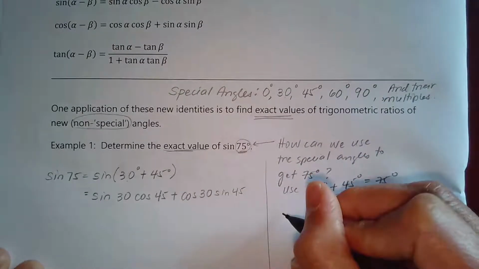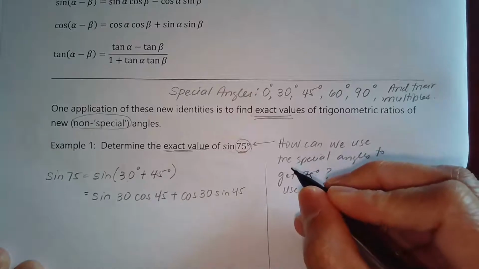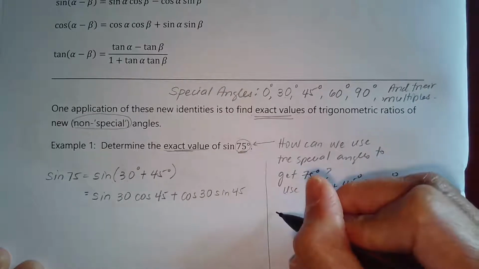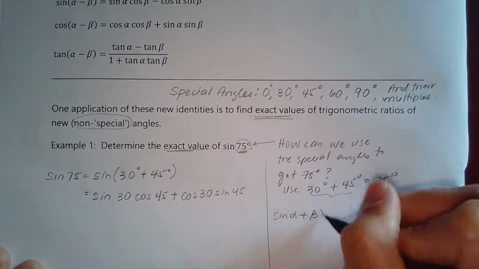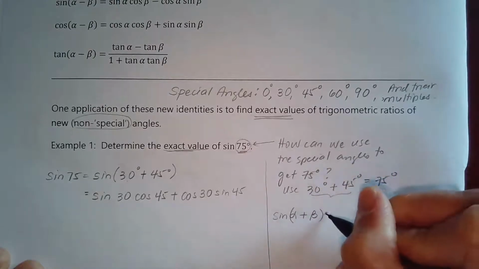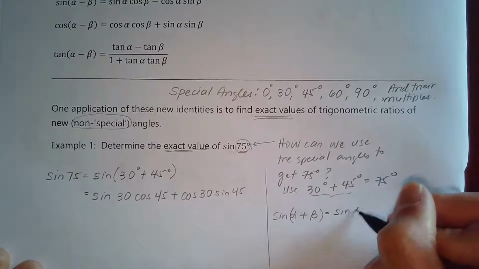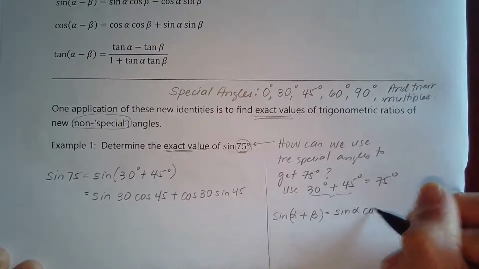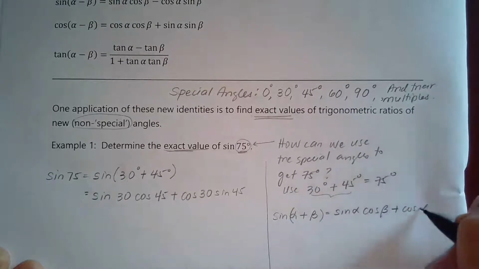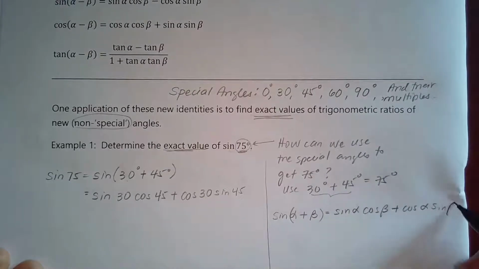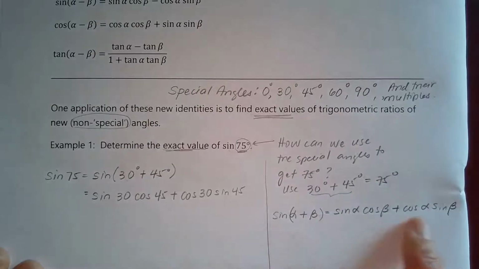We're going to use the sum and difference identity: sine of alpha plus beta is equal to sine alpha cos beta plus cos alpha sine beta. So we're using this one.